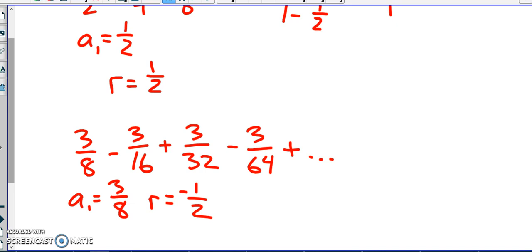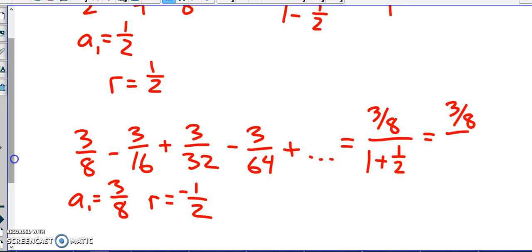So my infinite sum here is A1 divided by 1 minus R. So that would be 3/8 divided by 3/2. The 3's cancel. And 1/8 divided by 1/2 is 1/4. And that's pretty darn cool.